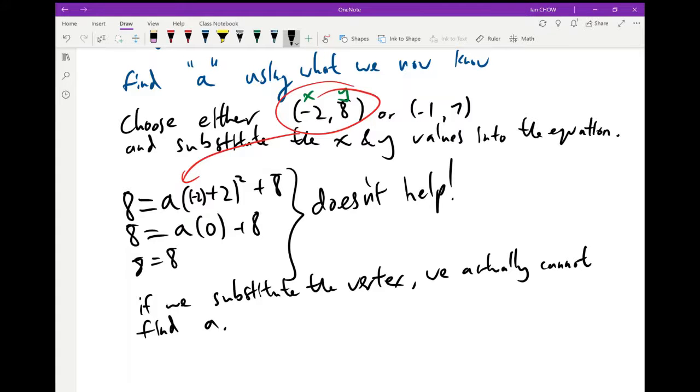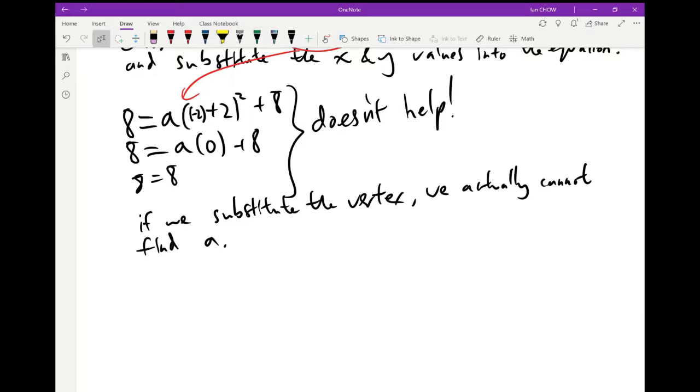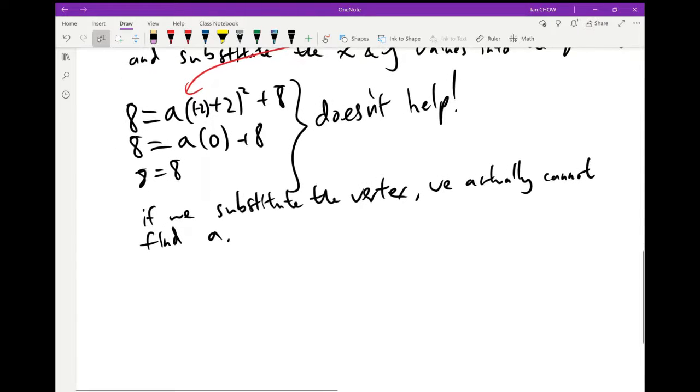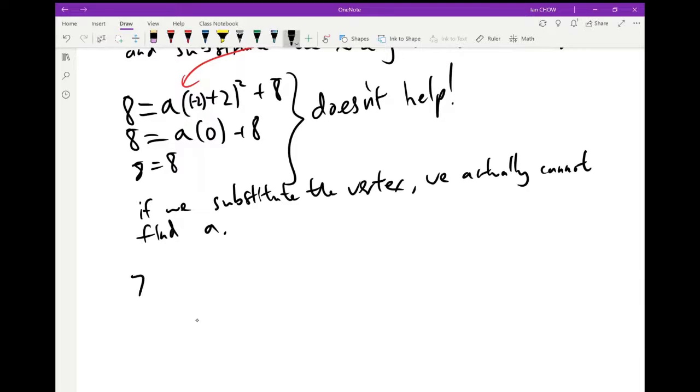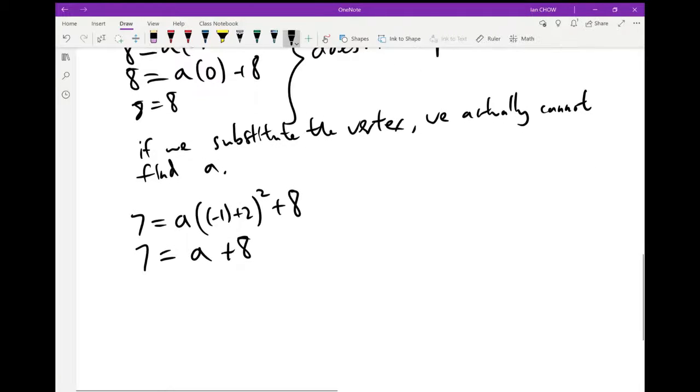And so we have to substitute in our other given point, which was -1, 7. So let's do that now. So 7 is equal to a bracket -1 plus 2 whole squared plus 8. And then once you do that, 7 is equal to a times -1 plus 2 is 1. 1 squared is 1, so a remains, plus 8. And then I'm going to move the 8 to the other side to become -8. And so a is equal to -1.